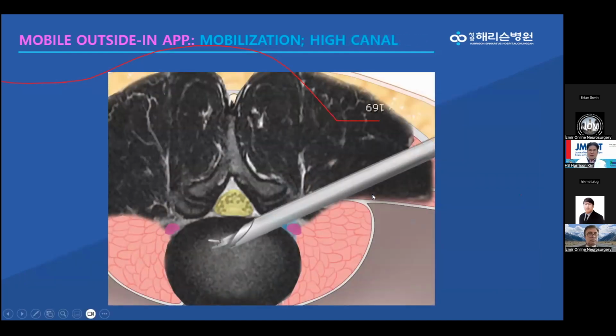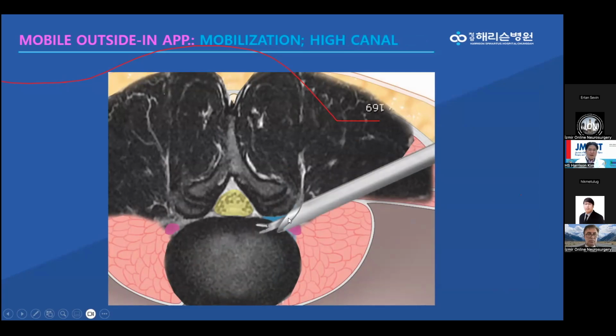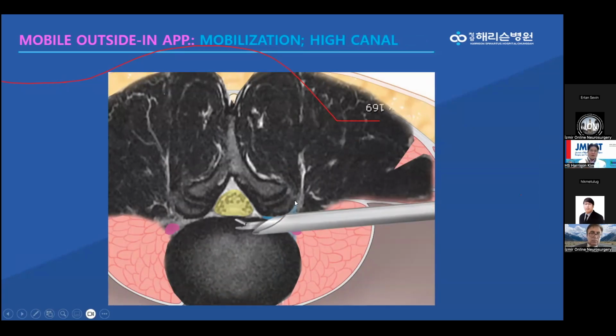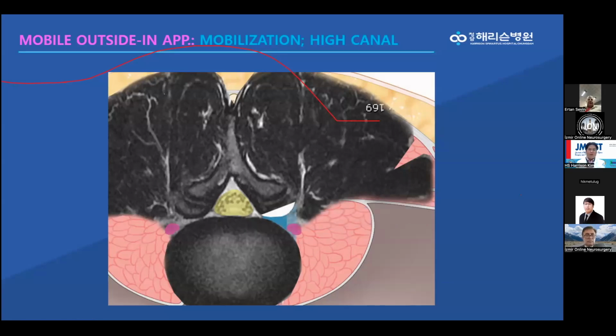Then, as I already mentioned, with the conventional postural arthroplasty, using the mobile outside-in technique we do not insert this way but dock to here, then lessen the angle, which makes it possible to go to a deeper point if the epidural space is exposed.